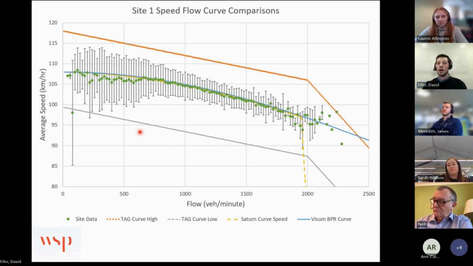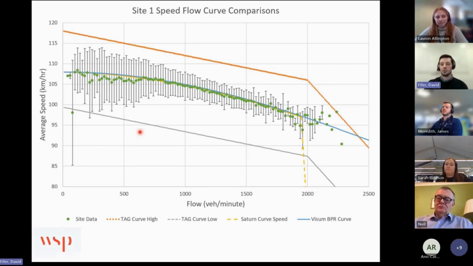And then I think the most interesting question is, do these curves for road types, so all three-lane motorways, behave very similarly, or is this a site-by-site analysis, something you have to do for each site to try and get the best results?